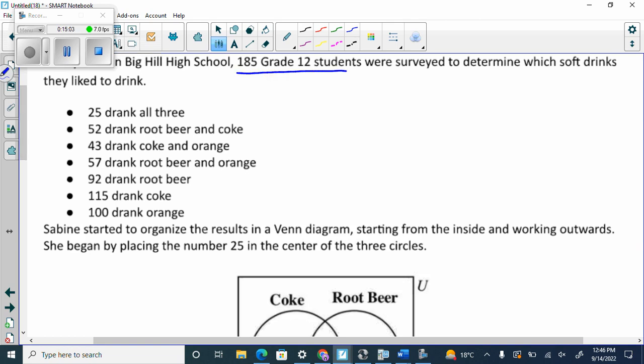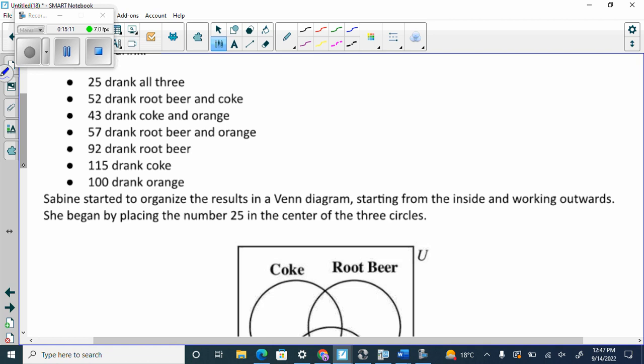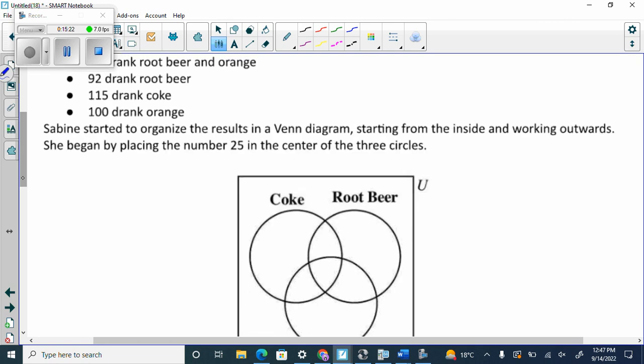Quiet, please. All right. So we have these other options they gave us, and then Sabine started to organize the results in a Venn diagram, starting from the inside and working outwards. She began by placing the numbers 25 in the center of the circles. So she put 25 here because it was all three.